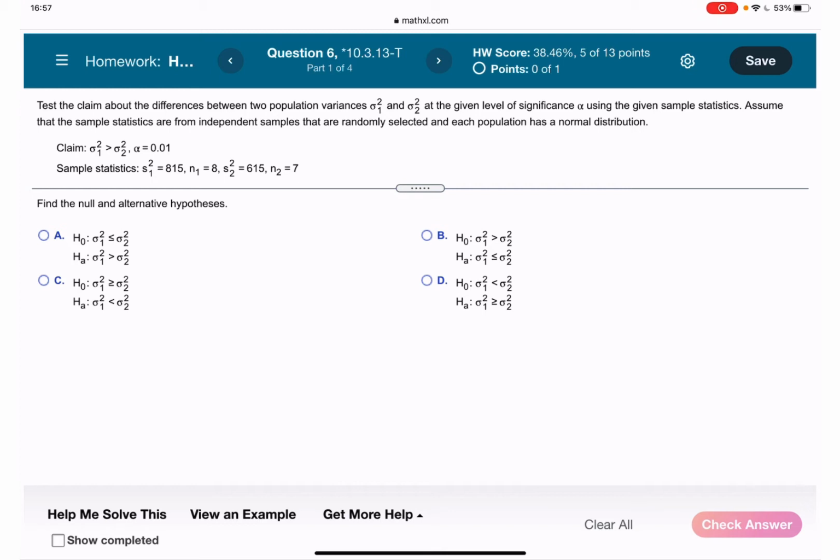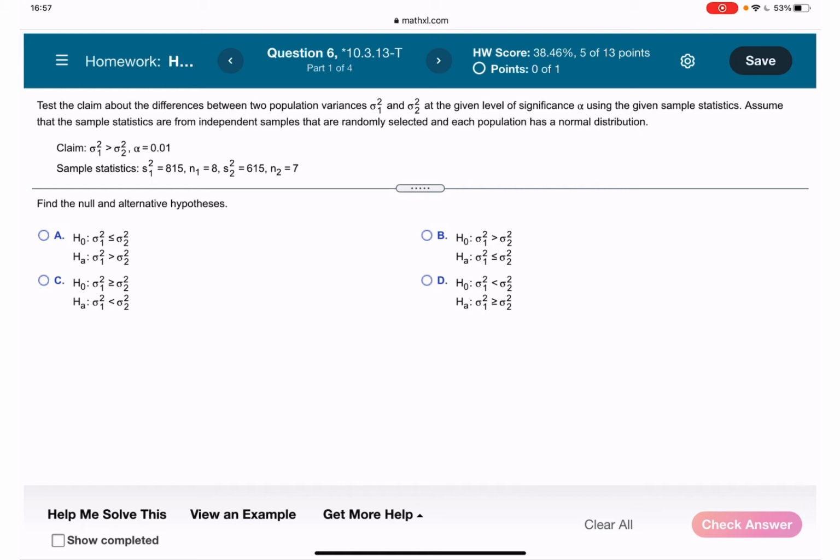So what do we have? We need to build a hypothesis test. Test the claim about the differences between population variances. The claim is an alternative because they are looking for a difference between two variances, sigma 1 squared and sigma 2 squared, at a given level of significance alpha, using the given sample statistics.